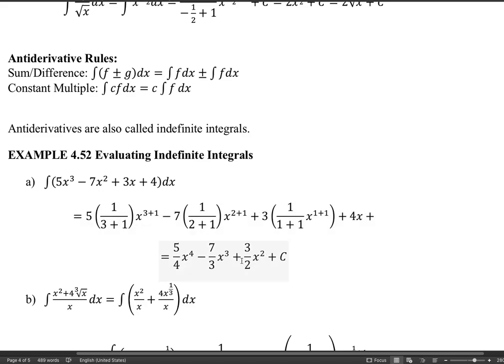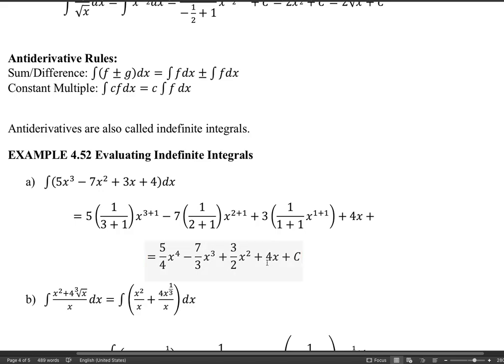Hopefully you can help me double check if I got all the numbers correctly. If something is not right, or if you have any questions, just let me know. Thank you. Let me see, I think I probably missed something here, right? 3 over 2 x squared. I think I missed the term 4x. Okay.